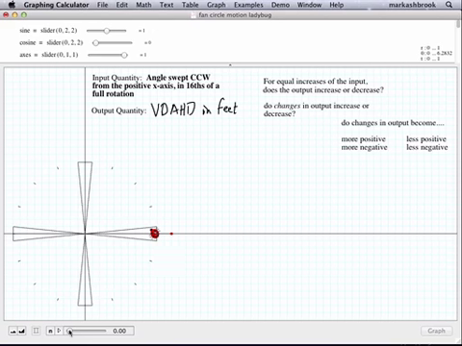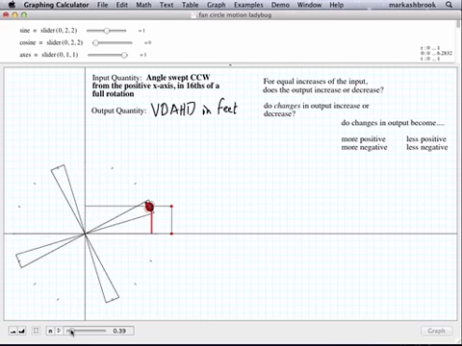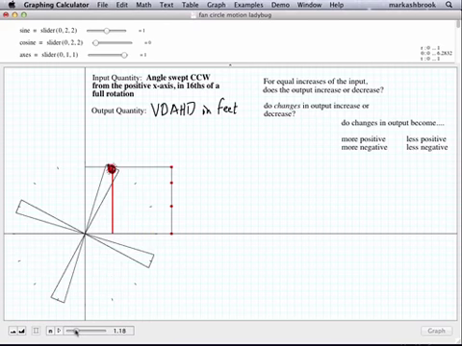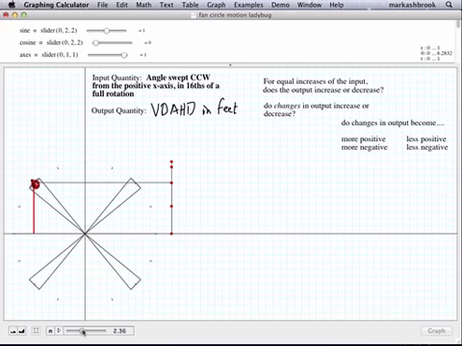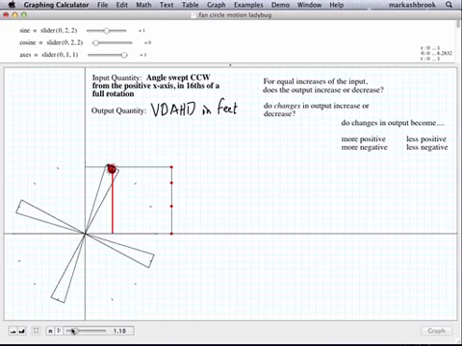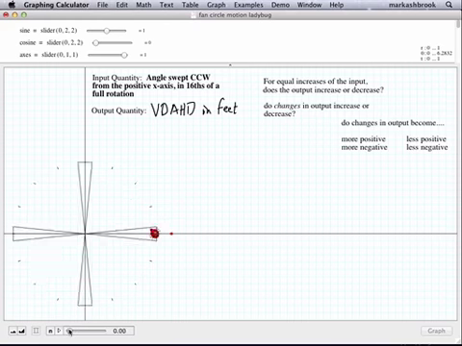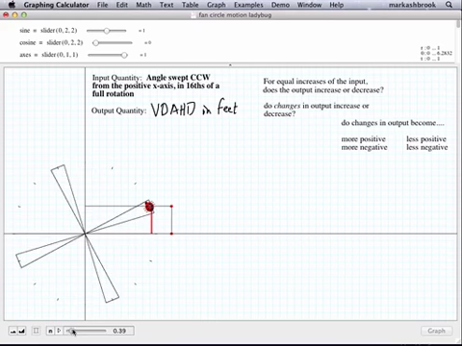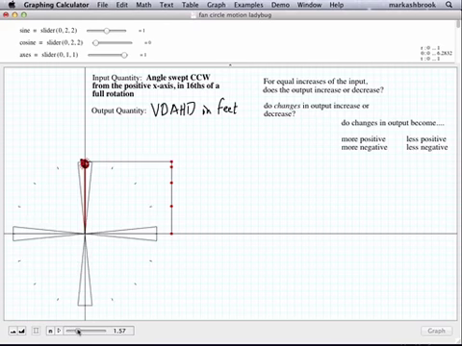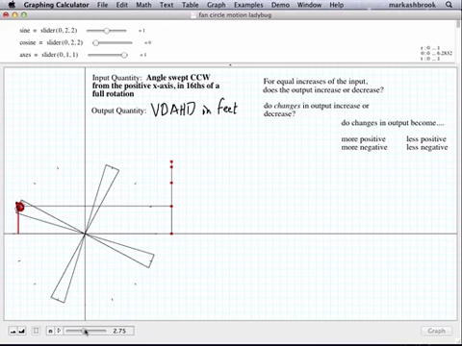So I'm going to make my first change in angle, and we're going to ask. Let me show you how I'm displaying this, and let you see what's going on here. First see how I'm representing the output quantity in this illustration, and how am I representing changes in the output quantity?